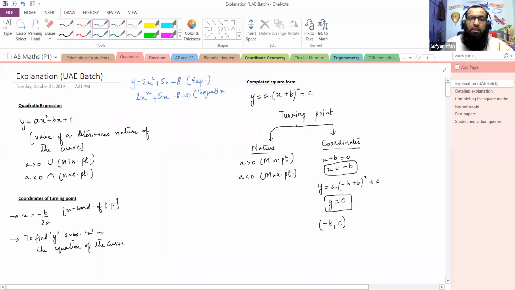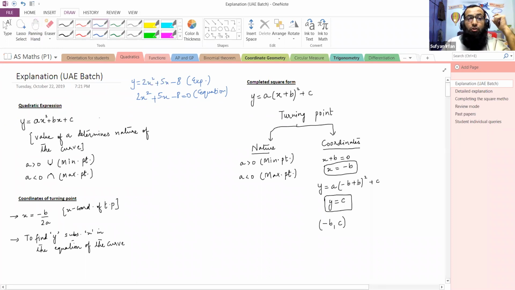So the first category is quadratic expression. The general form is y equals to ax squared plus bx plus c, where the value of a determines the nature of the curve. We should note here that the coefficient of x squared determines the nature of the curve.